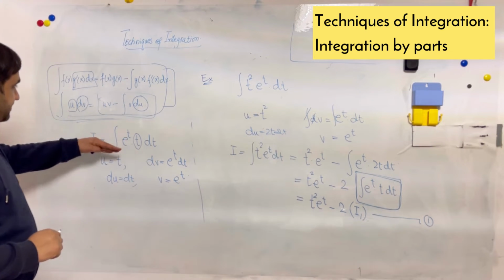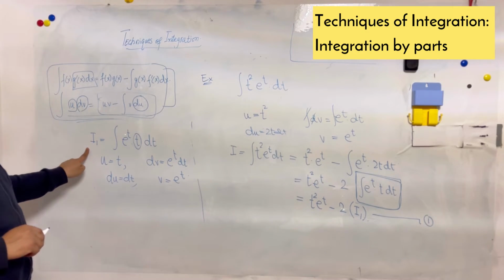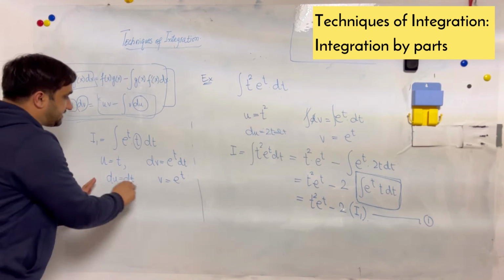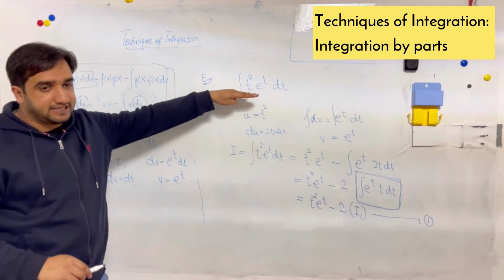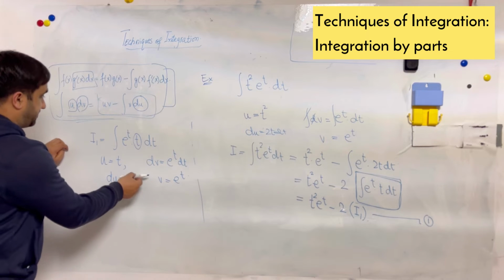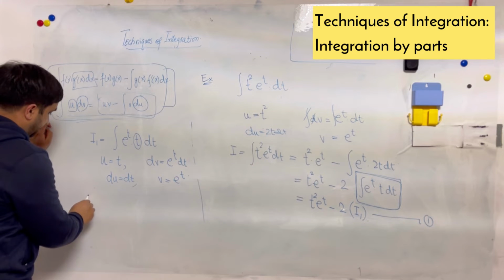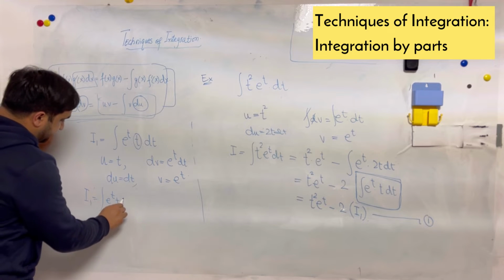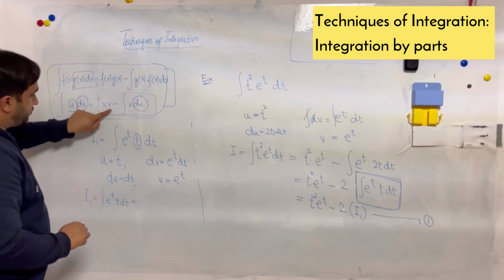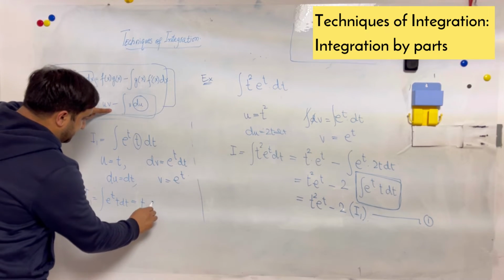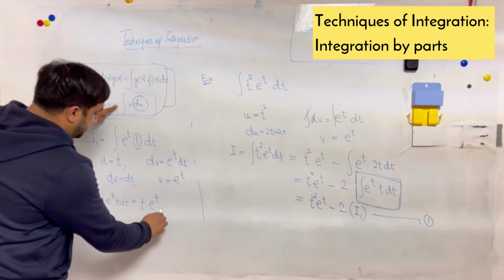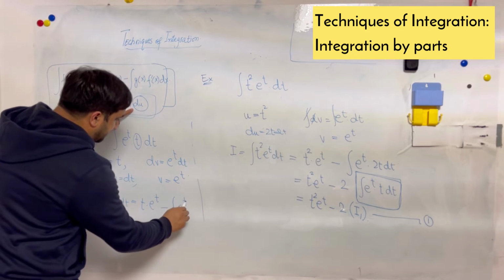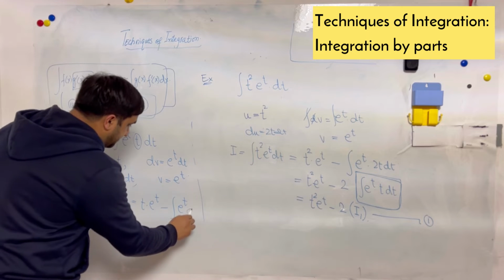Now put this information into this formula again for this I1. We forget about that; we are only dealing with this I1, which is the mini integral of the same type. So I1, that is the integral of e^t t dt, will be uv, t e^t, minus integral of v is e^t, du is dt.